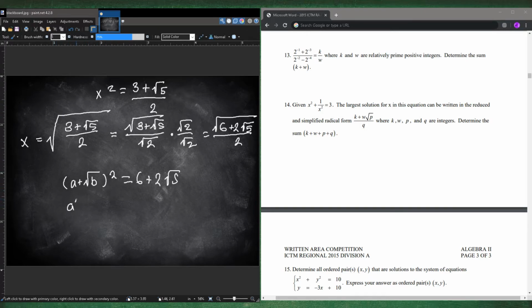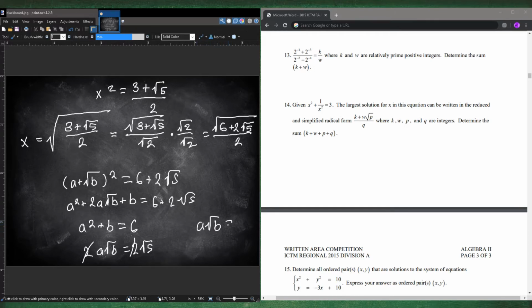If you expand this out, that's a squared plus 2a square root b plus b is equal to 6 plus 2 square root 5. So that means a squared plus b is equal to 6, and 2a square root b is equal to 2 square root 5. We cancel out the 2, so a square root b is equal to square root 5. So we know that's true.